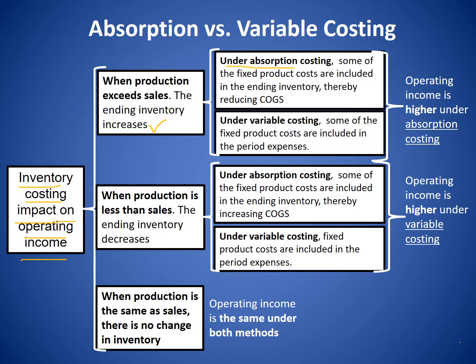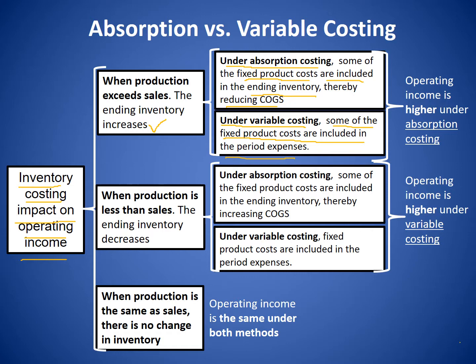Under absorption costing, some of the fixed product costs are included in the ending inventory. Therefore, it's going to have the net effect of reducing our cost of goods sold. Under variable costing, some of the fixed product costs are included directly in period expenses.